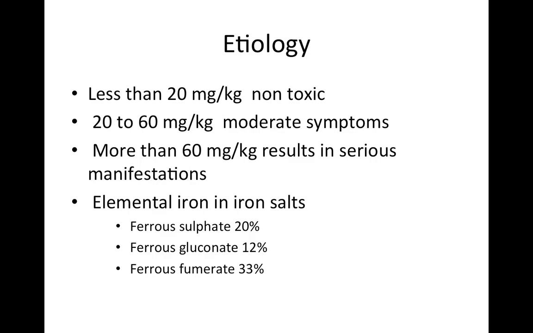We have to speak of the iron consumed in terms of elemental iron, so it is very important to know the elemental iron content of the iron preparations. For example, ferrous sulfate, which is commonly prescribed, has 20% elemental iron. Ferrous gluconate has 12% and ferrous fumarate has 33% elemental iron.